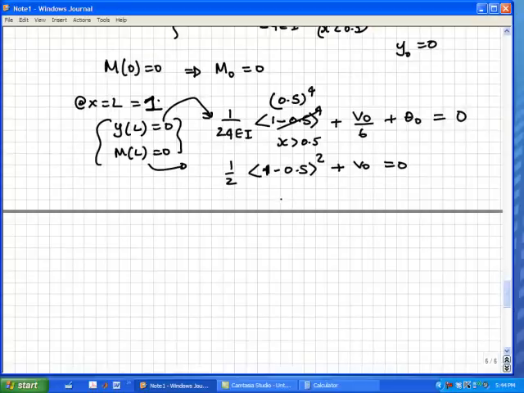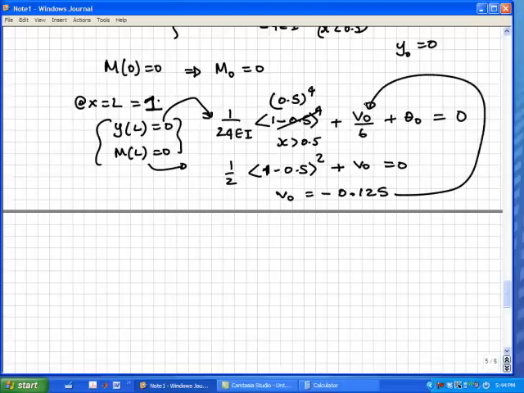Immediately it will tell you that V naught equals minus, so 1 minus 0.5 squared is 0.5 squared, which is 0.25, divided by 2 is 0.125. You can take that, plug it in here and solve for it.